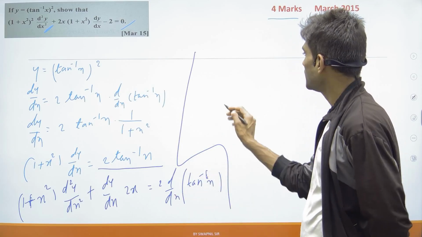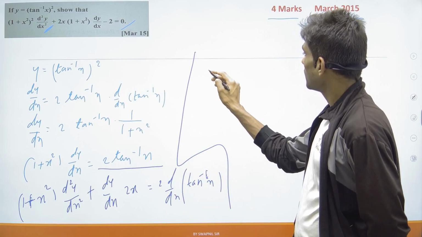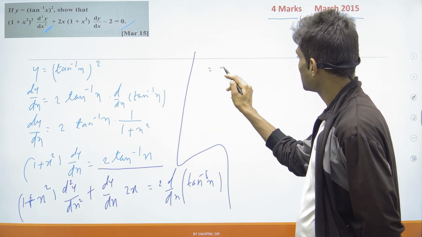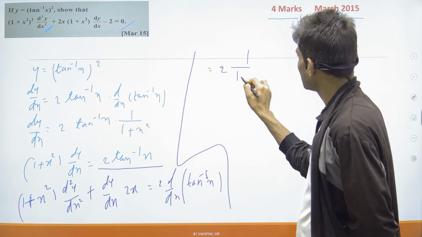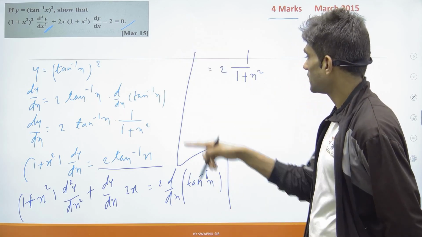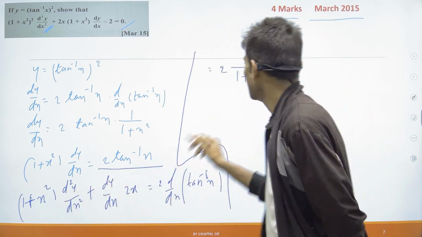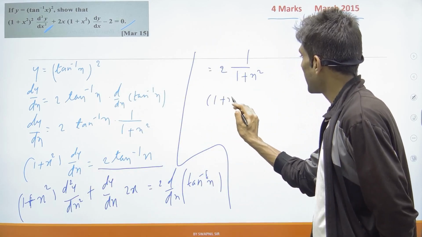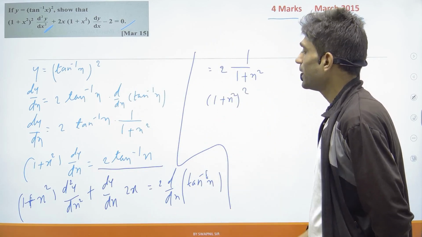Differentiate this one, and on the right hand side we get 2 times 1 upon 1 plus x square. Take this term to the other side, so it comes as a multiplicand: 1 plus x square into 1 plus x square gives (1 plus x square) to the power 2.